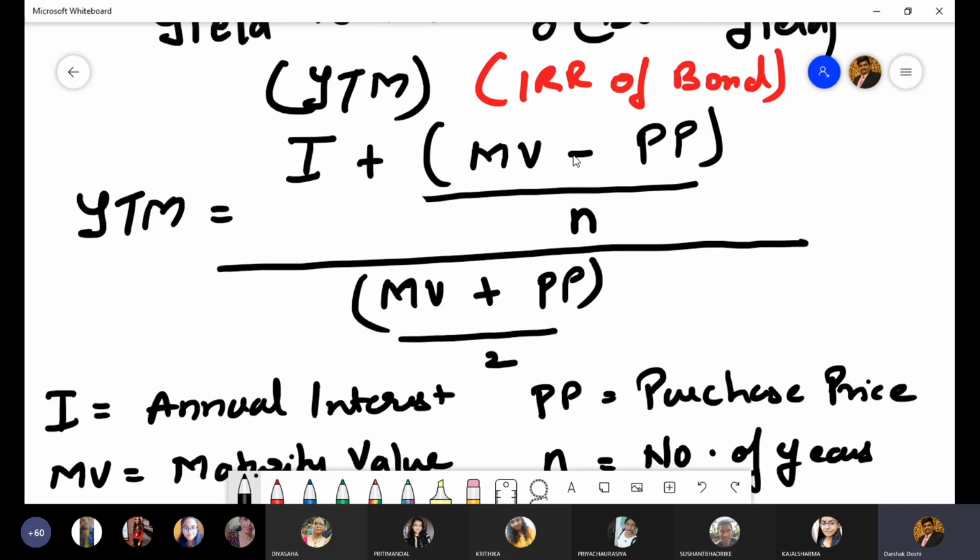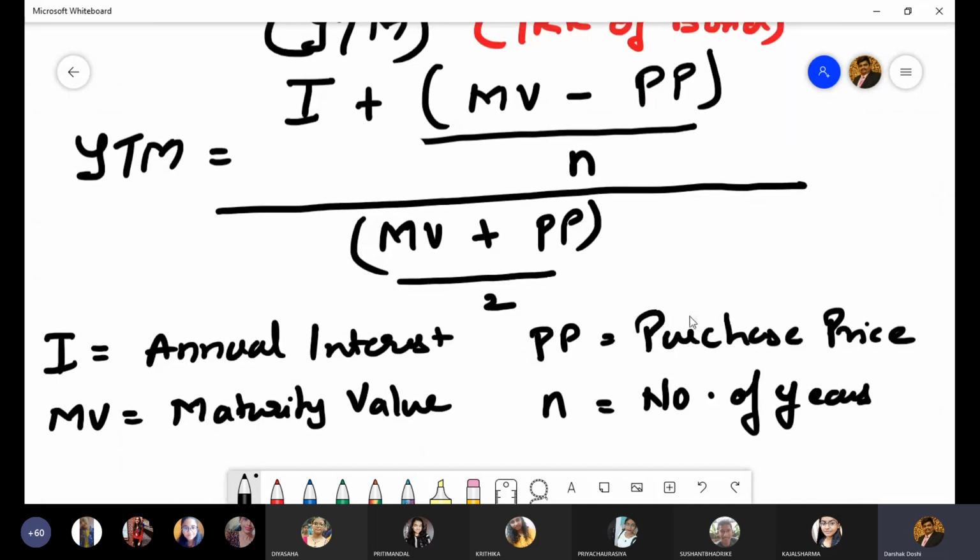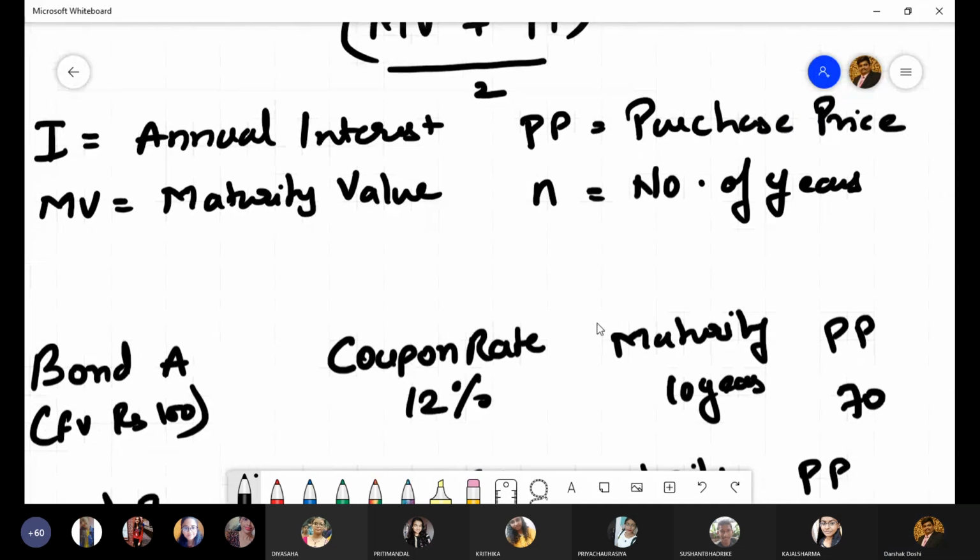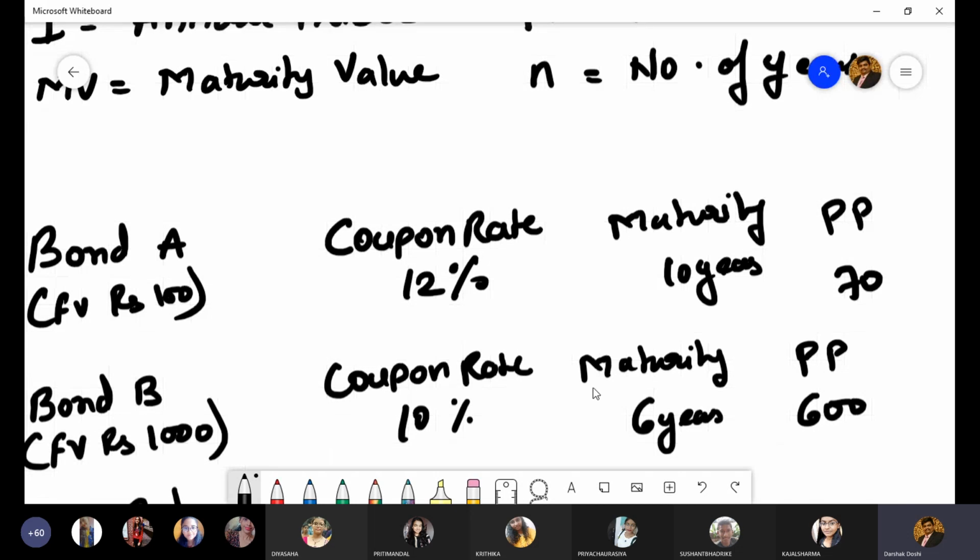We are not adding up interest before dividing by n. MV minus PP divided by n. We add up interest differently. I hope everybody has corrected the formula. If not, please check. I'm writing it down again.